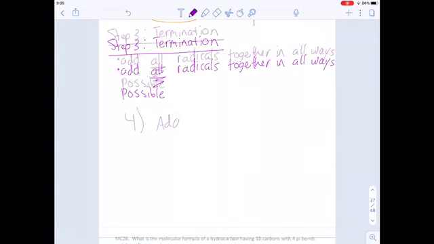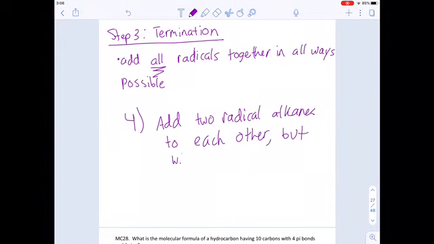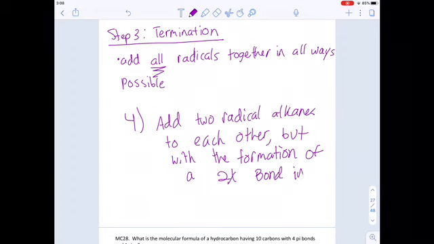And last but not least, you're going to add two radical alkanes to each other, but that's the same as number one, with the formation of a double bond in your product.